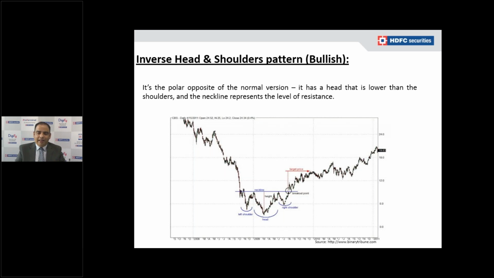Here in this chart, you can see a clear breakout of the neckline. This was the left shoulder, this was the head, this was the right shoulder. This is a reversal of the downtrend. The downtrend was in force. It has completely reversed with the upside breakout of the pattern.